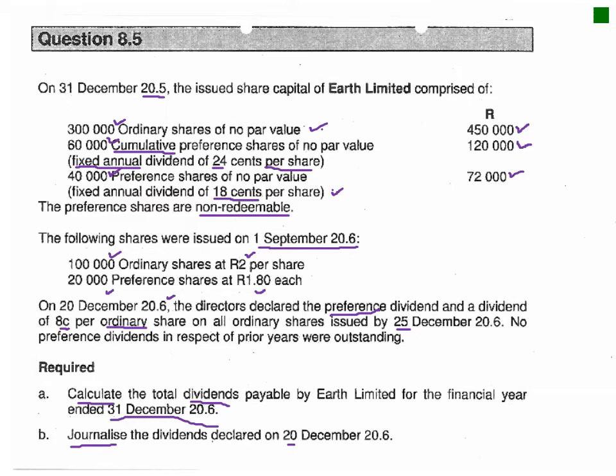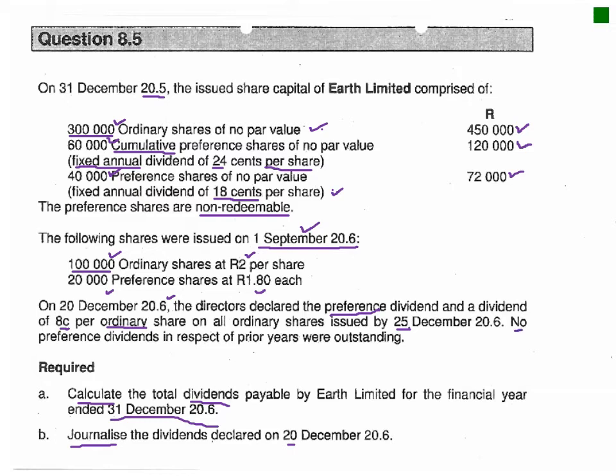So that would be the 300,000 ordinary shares plus these 100,000 ordinary shares, because they were already issued on the 1st of September, and they would all be in issue at this date, the 25th of December.